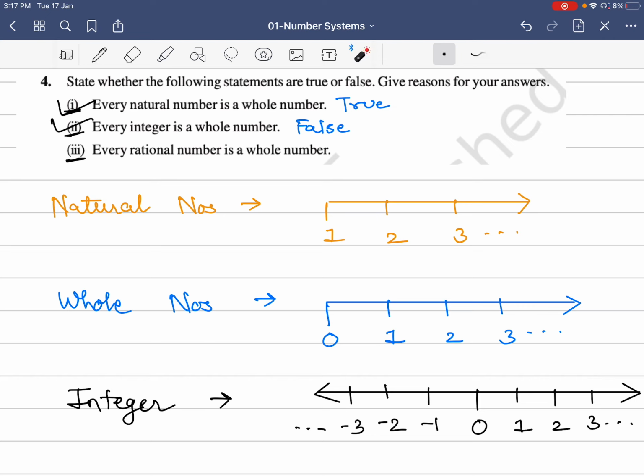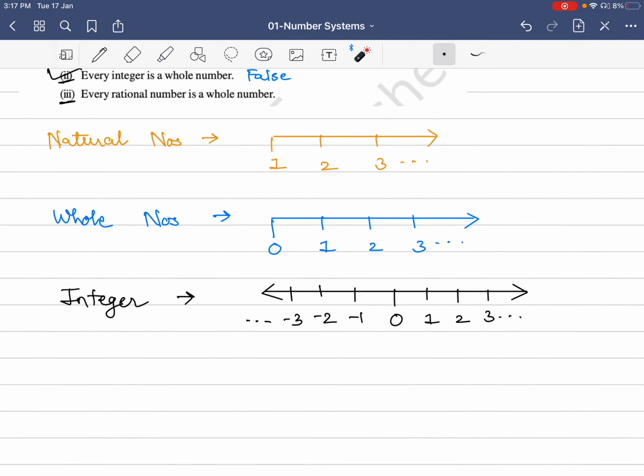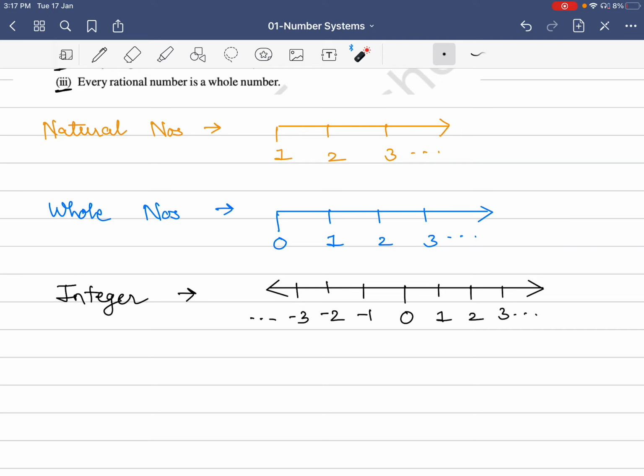Every rational number is a whole number. Now we don't have a number line representation for a rational number, but we have a representation for it.